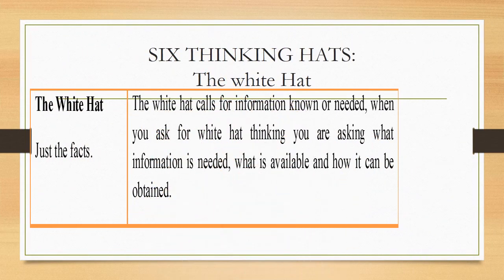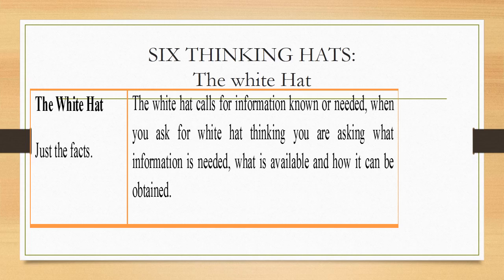The six hats. What does every hat refer to? Let's see. The white hat. What does it refer to? The white hat calls for information known or needed. When you ask for white hat thinking, you are asking what information is needed, what's available, and how it can be obtained.